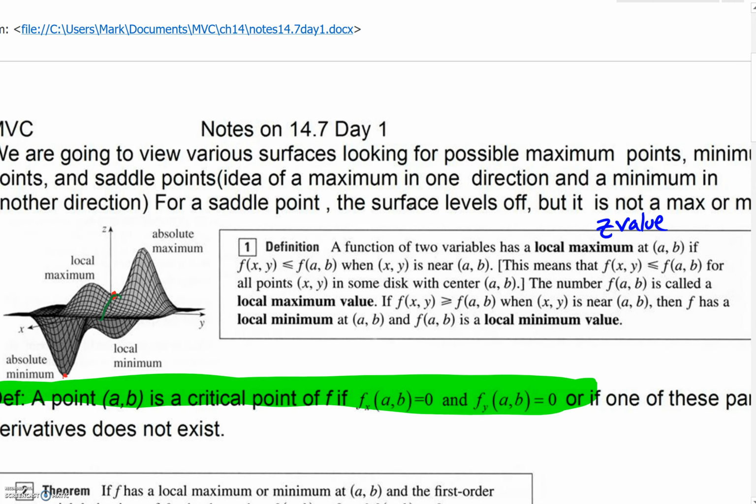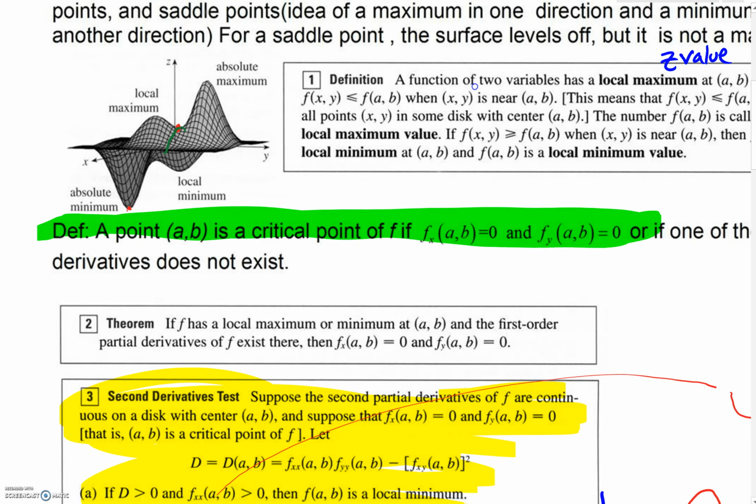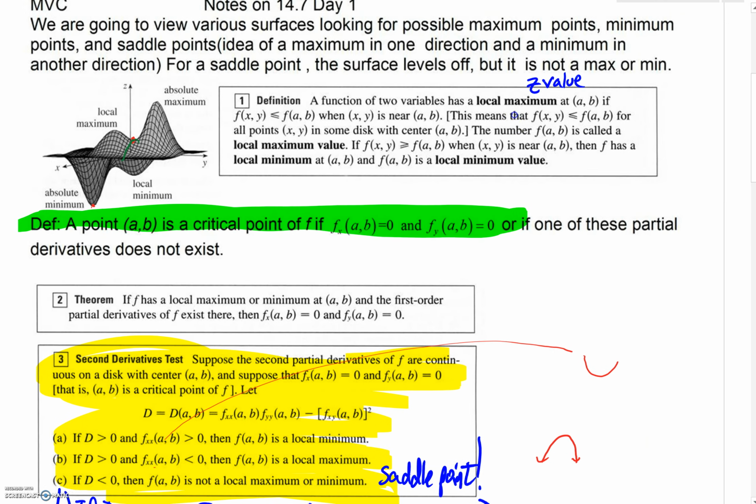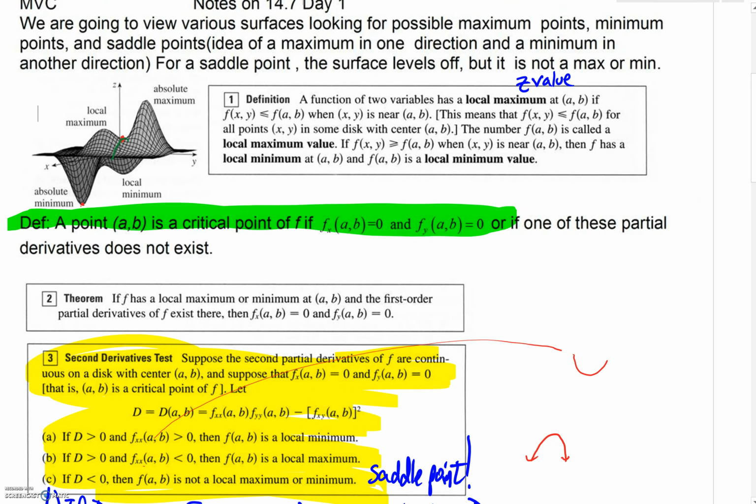So we've got this function of two variables. Just like what we saw in single variable calc, we have critical points. A point (a, b) is a critical point if the derivative with respect to x at that point is 0 and the derivative with respect to y at that point is also 0, or if one of these partial derivatives does not exist.